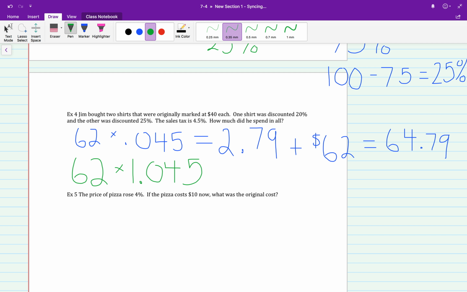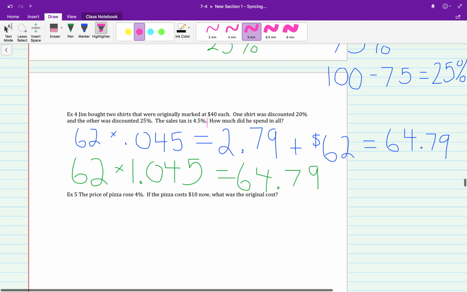The cost, remember, is 100%. 100% is 1. 1 plus 0.045 is 1.045. I type that in my calculator and it gives me $64.79.